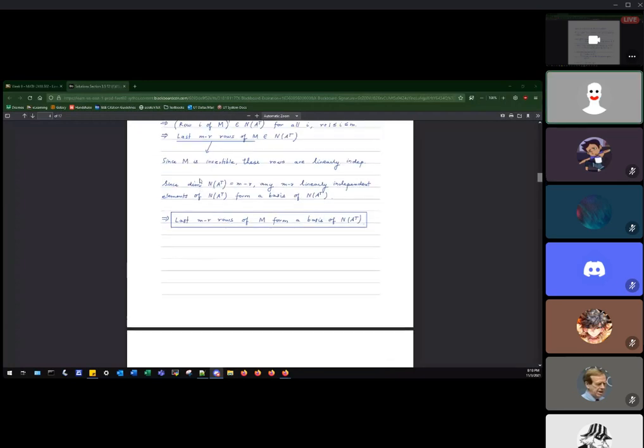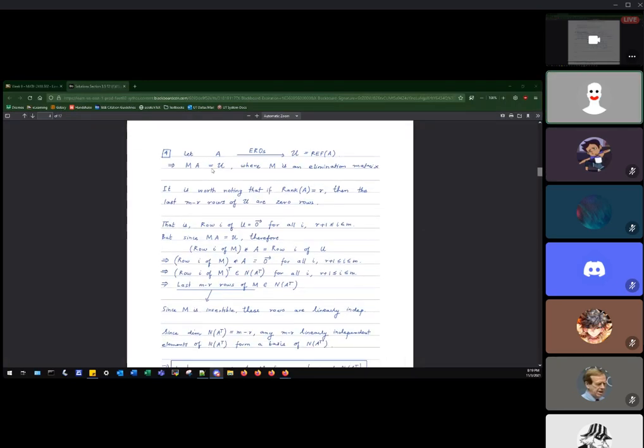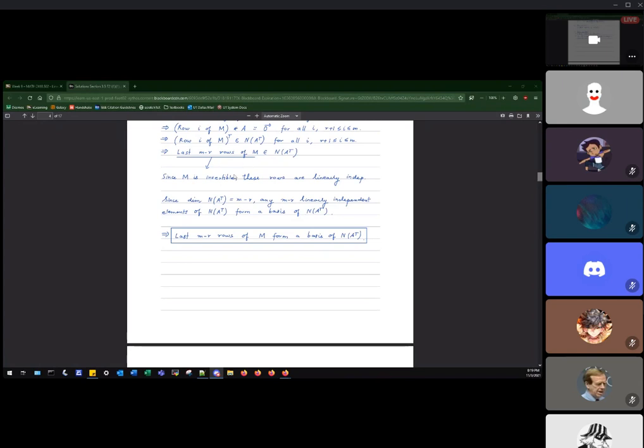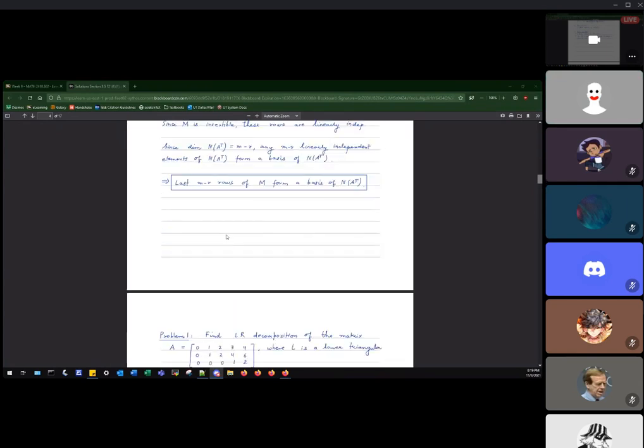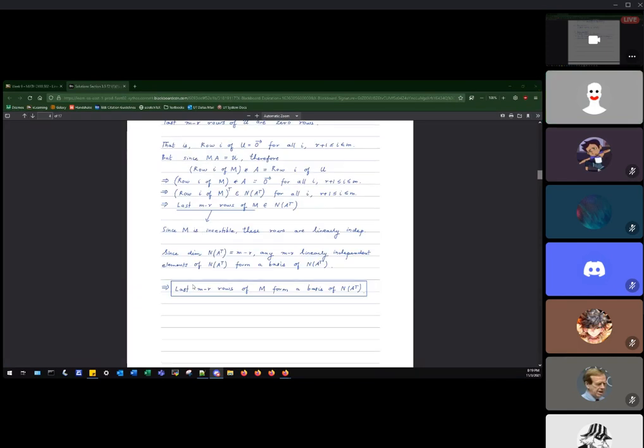Another point that the professor made was, if you reduce a matrix A to an upper triangular form with a set of elementary row operations, you will get an REF of A, and the elimination matrix you use to get there, let's call that M. Then the number of rows in the original matrix minus their rank, let's call that S, for example.